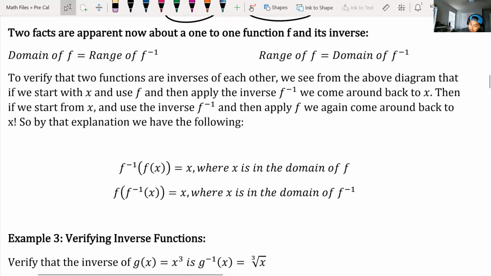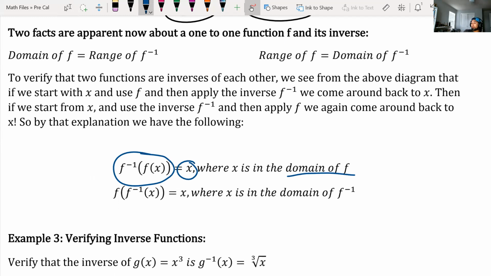So if you remember compositions, when we compose functions, you take the domain of the inside function. So when we say the inverse composed with f of x, you should arrive at x if you have true inverses. And if this is the case, then the inverse now takes the domain of f.